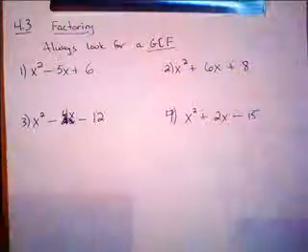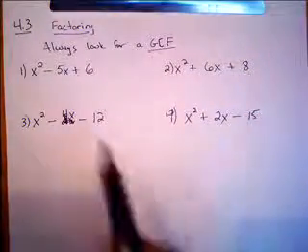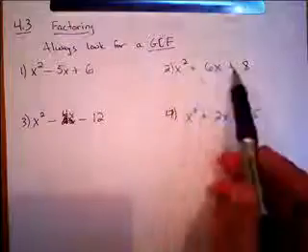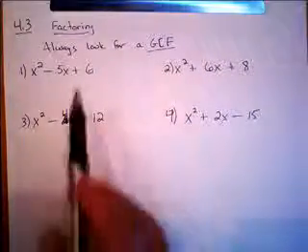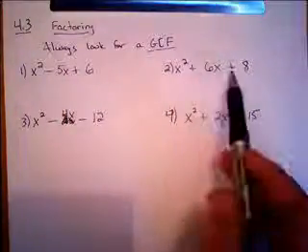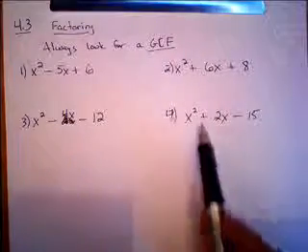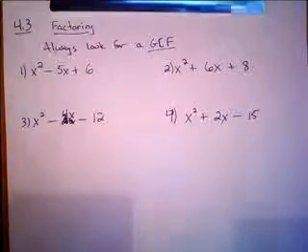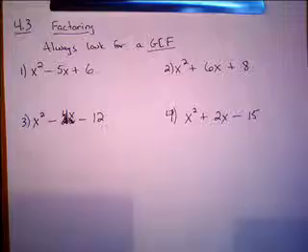Alright, let's say we had these 4 problems. If you notice, all 4 of these have a little bit different arrangements of the signs. Okay, we have a negative and positive, positive, positive, negative, negative, and positive, negative. All 4 of these problems are different, but they're done almost the same.